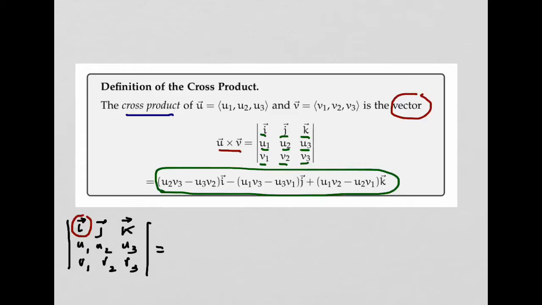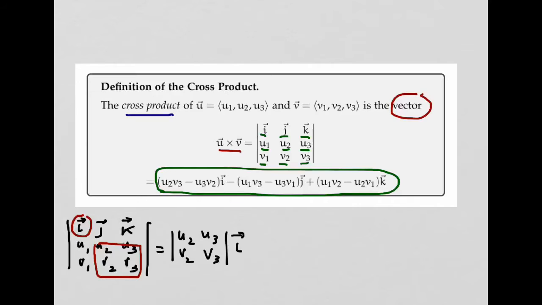I will cover everything in the row of i and everything in the column of i. When I do that, I'm left with this 2 by 2 determinant. So I write determinant u2, u3, v2, v3 times the vector i. That's the first step.